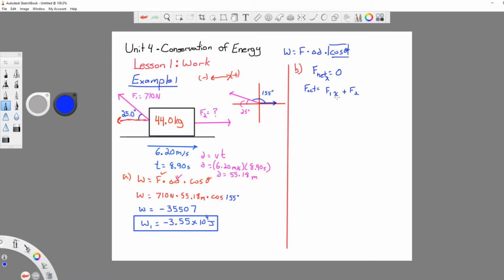All right, and then we can put some values in here. 0 is equal to... Well, actually, you know what? I'm going to just change this up just a tiny bit, just to simplify, I think, for you as well. We're going to say that F1x we know is negative because it's pulling to the left. So let's just start off by saying that this is negative F1x plus F2.